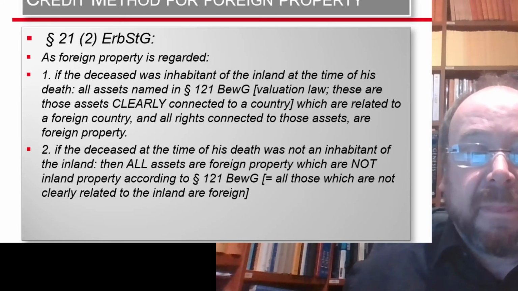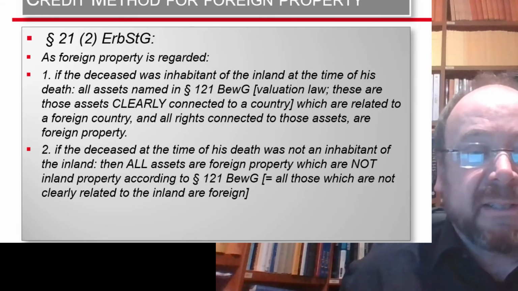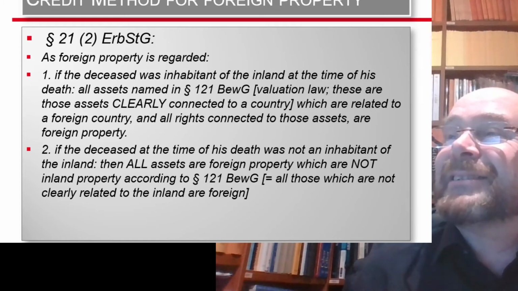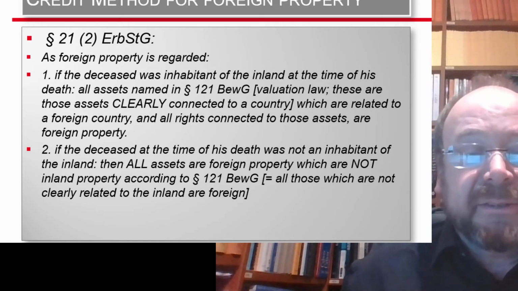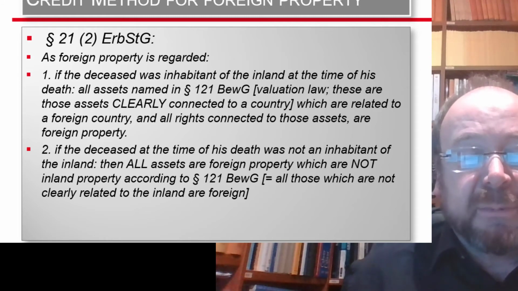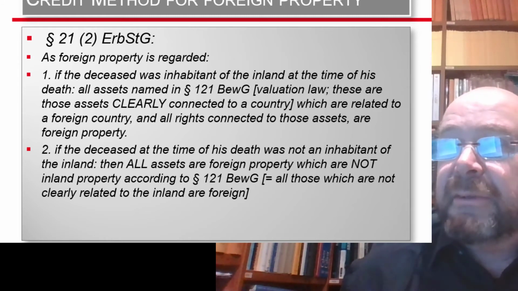Now, the second paragraph then defines what is regarded as foreign property, and here you see exactly what we spoke about before. There is a distinction.